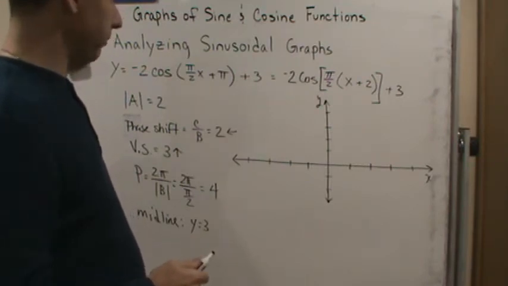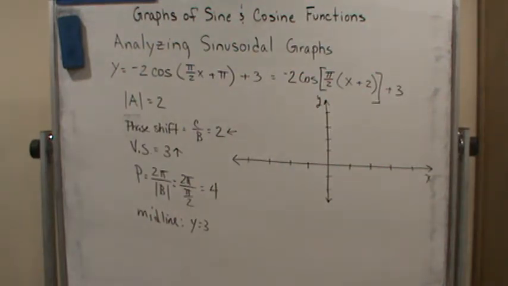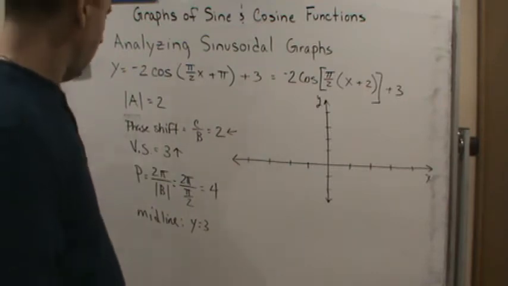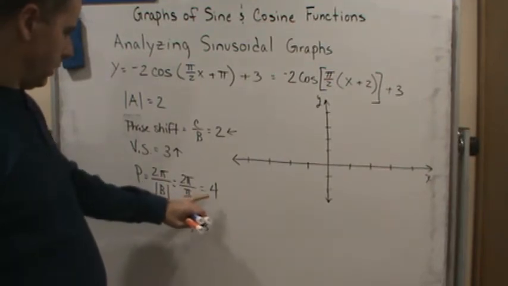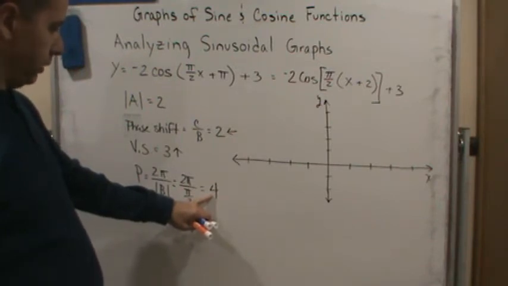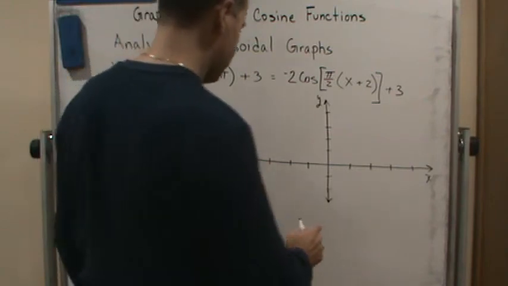Okay, so it's cosine and it's inverted. So that means the phase shift is 2 units to the left. The period is 4. So let's see how this goes.